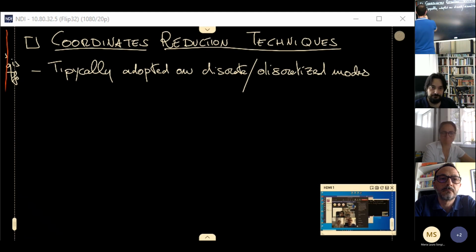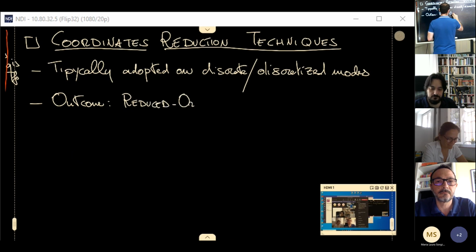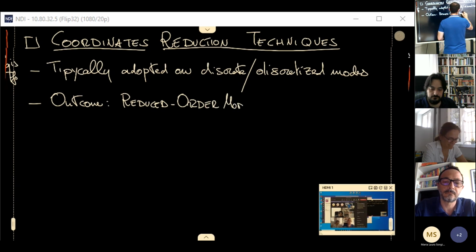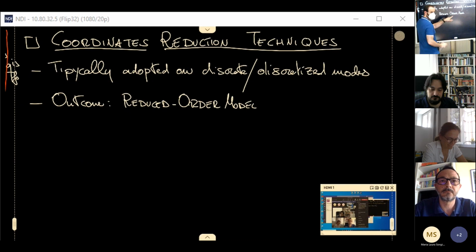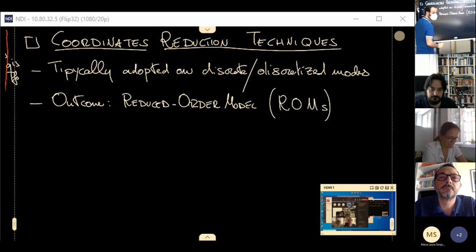The outcome of this technique is a reduced order model. And typically, we refer to these models as ROMs. Okay, reduced order models.